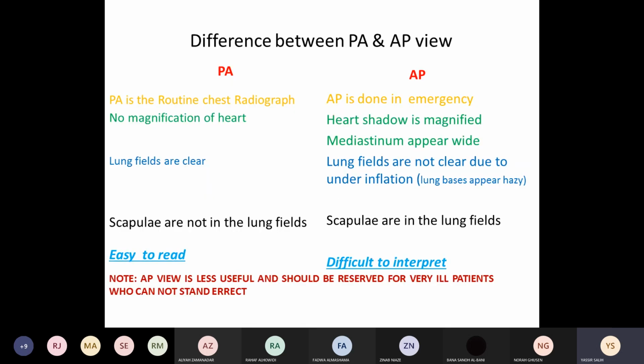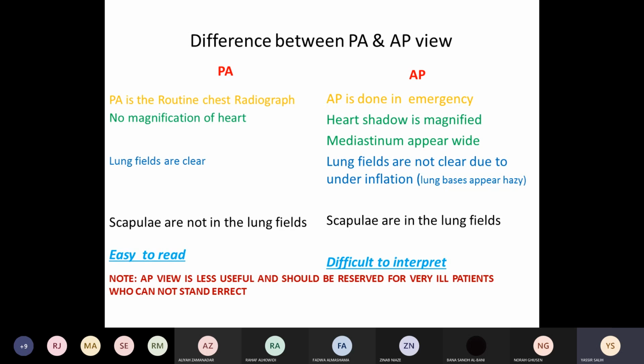Okay, we talked about posteroanterior, anteroposterior chest X-ray. What are the differences between the posteroanterior PA and anteroposterior AP view? What is the cardinal feature that characterizes each one? As we mentioned, PA is the routine test; the chest X-ray is done routinely as PA.